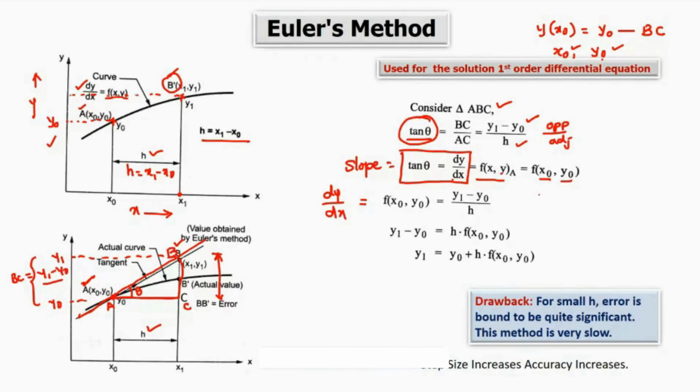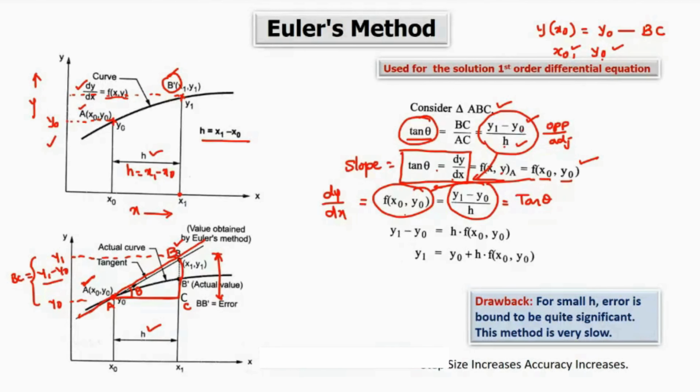So this dy by dx is replaced by the function f of x0, y0, and this is equal to tan theta. That is, tan theta is equal to y1 minus y0 by h, and dy by dx is equal to this. So we have equated tan theta, and we got one relation.